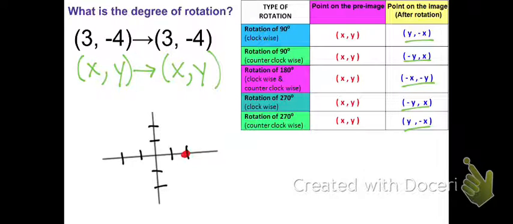We go 90 plus another 90, 90 plus another 90. We go 360 degrees clockwise. Or you could say 360 degrees counterclockwise. Same thing. So if your coordinates stayed exactly the same, your figure ends up in the same exact spot, you have rotated 360 degrees all the way around.